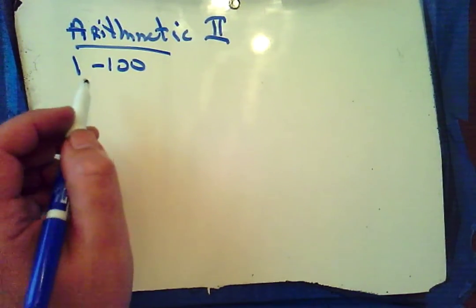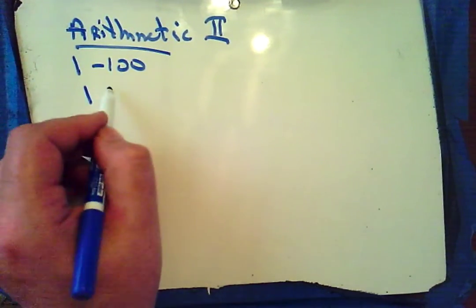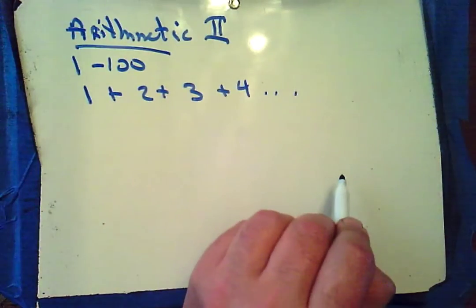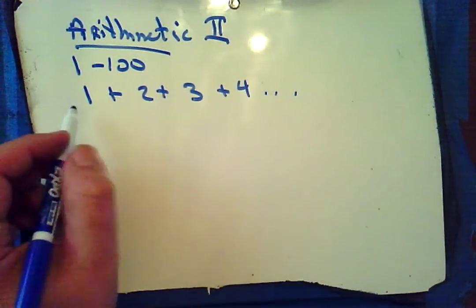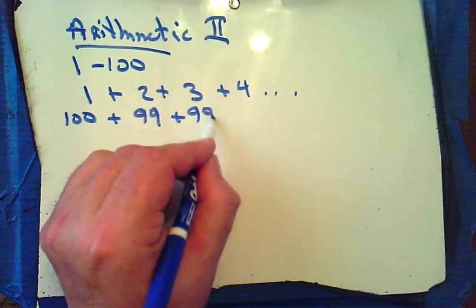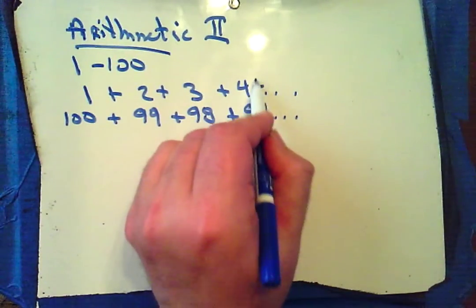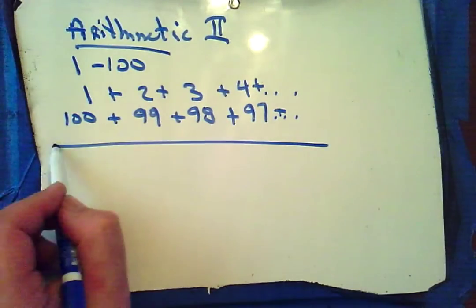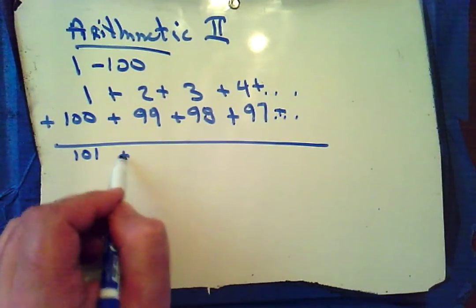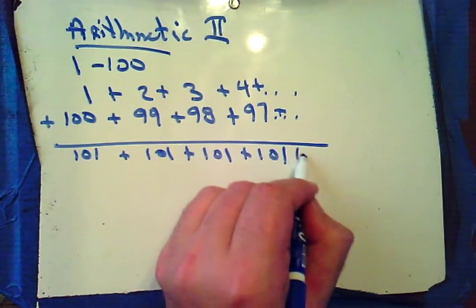He said, "All right," and he sat down at his desk and he started thinking, and he thought, well, 1 plus 2 plus 3 plus 4, and he kind of got tired. So he said, well, what if I start with 100 plus 99 plus 98 plus 97, and he got tired. But then he noticed something, that if he added these pairs, he got 101 plus 101 plus 101 plus 101 plus, and so on.